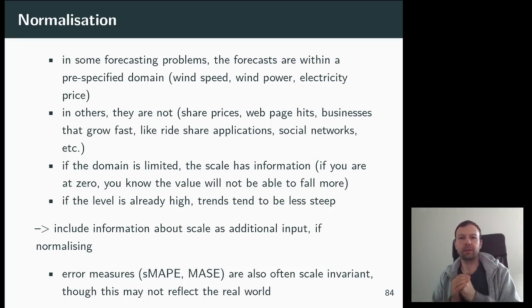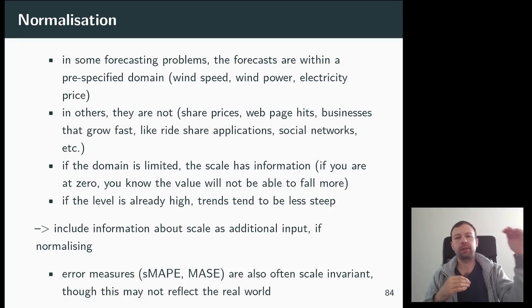But if you normalize with the mean, you bring it to somewhere in the middle of your domain, and now you don't know that anymore. That's a very obvious case of where the scale has information.